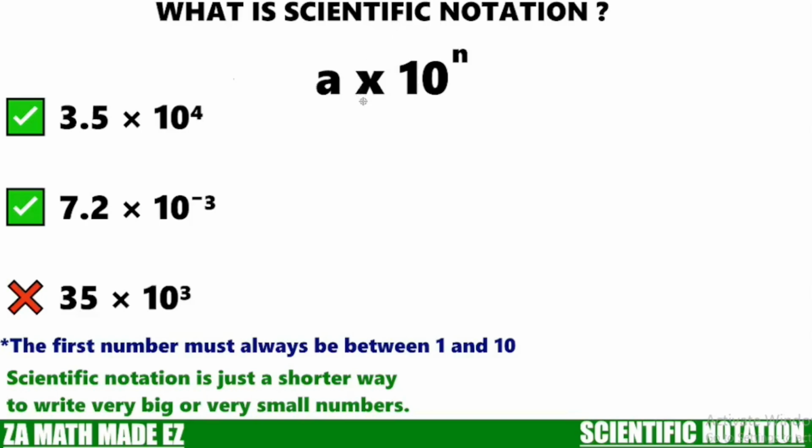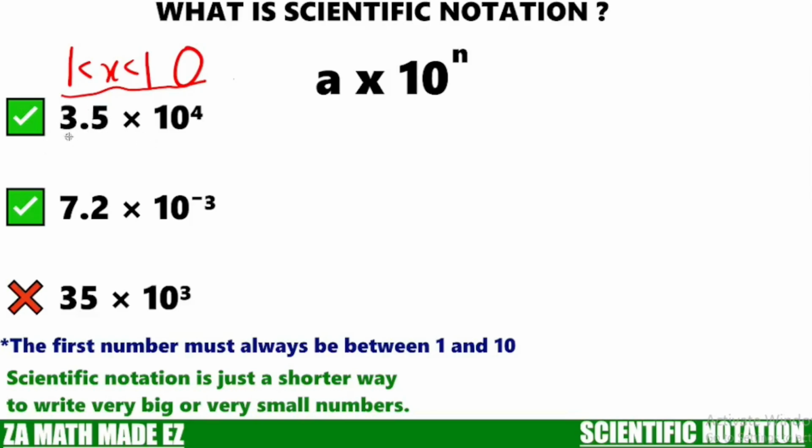Scientific notation is just a shorter way to write very big numbers or very small numbers. A very important rule is that the first number over here must always be between 1 and 10. Here are some examples.